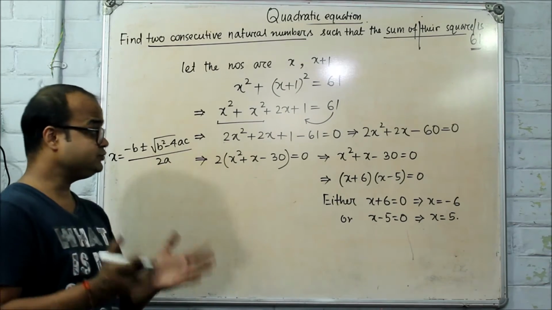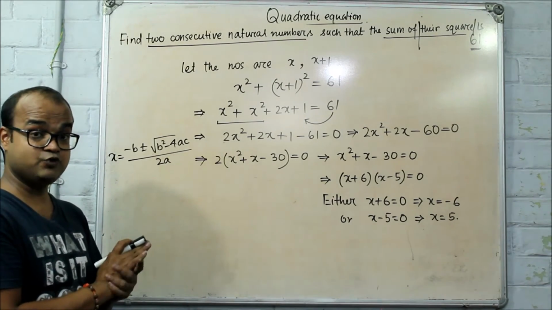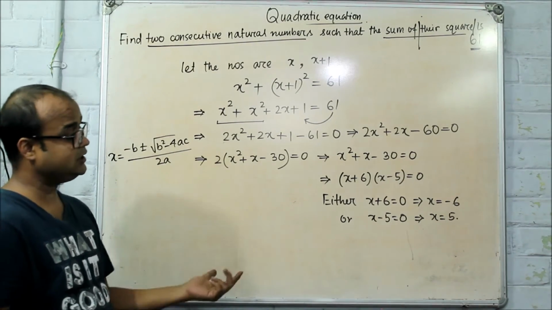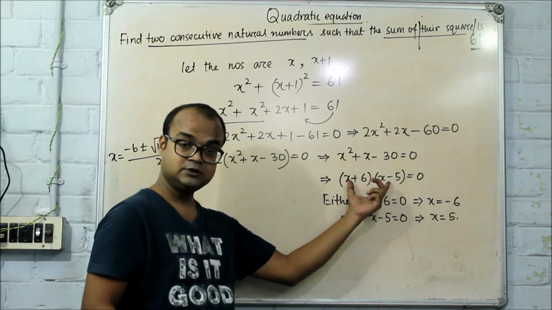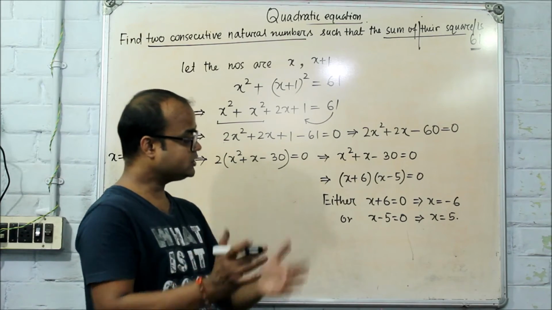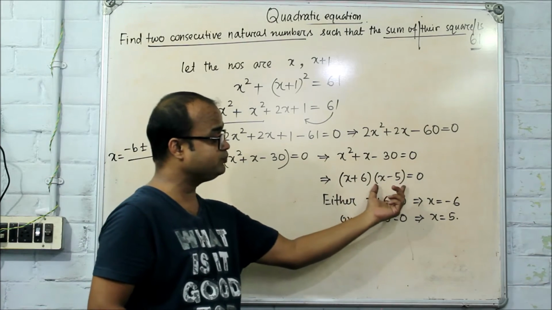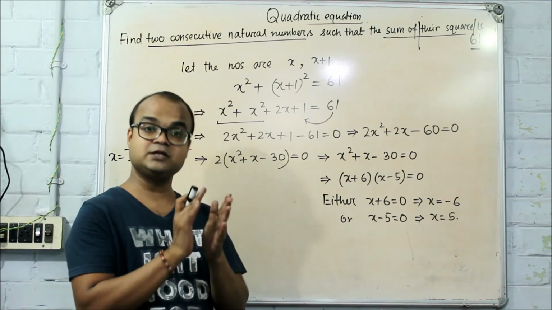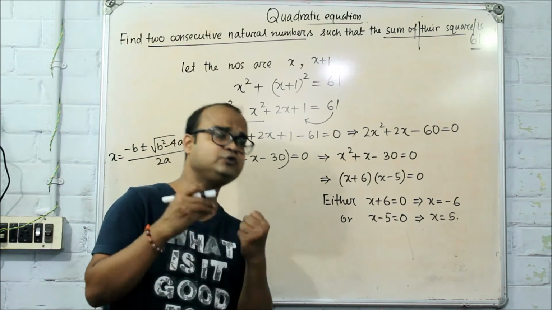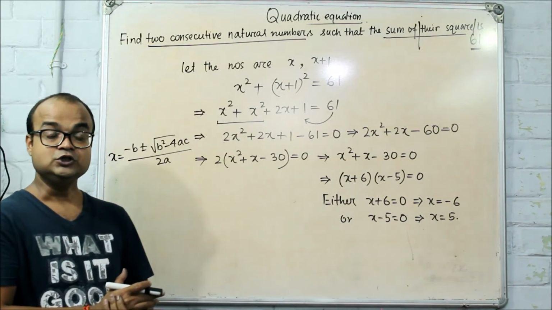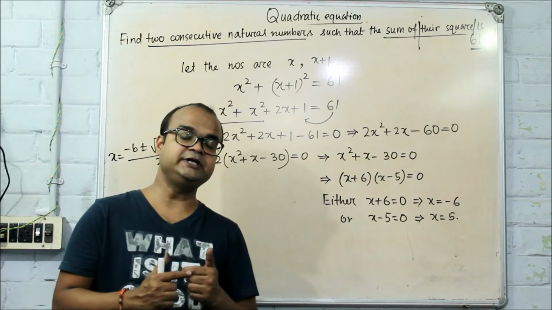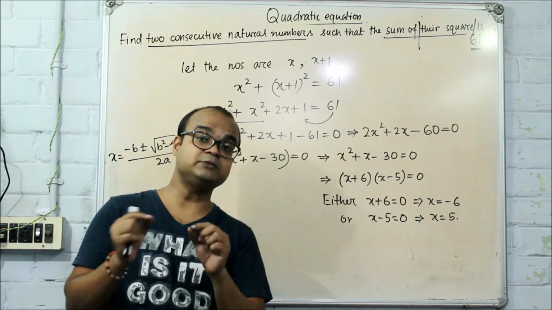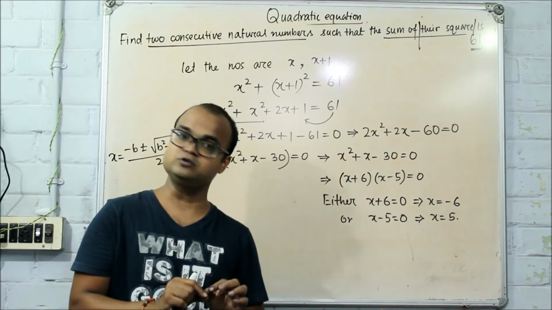Now, once we are solving the quadratic equation by factorization method, I will explain the logic. For your convenience, I am telling you why these two factors' product is equal to 0. If the product of two expressions or two numbers is 0, the only possibility is that one of them must be equal to 0.